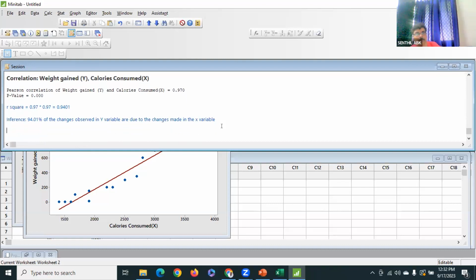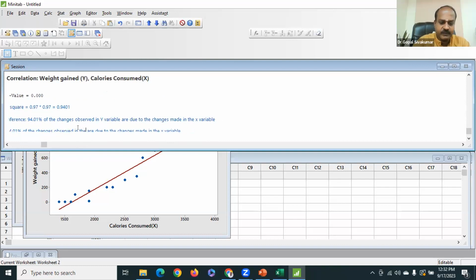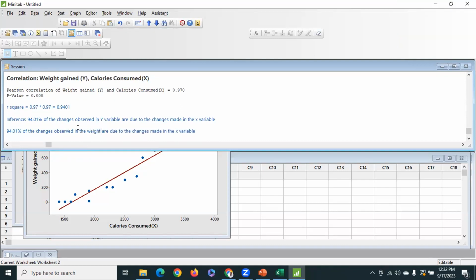So now I am typing: 94% of the changes observed in the weight are due to the changes made in the calories consumed. Do you think this information will be very, very helpful to you?